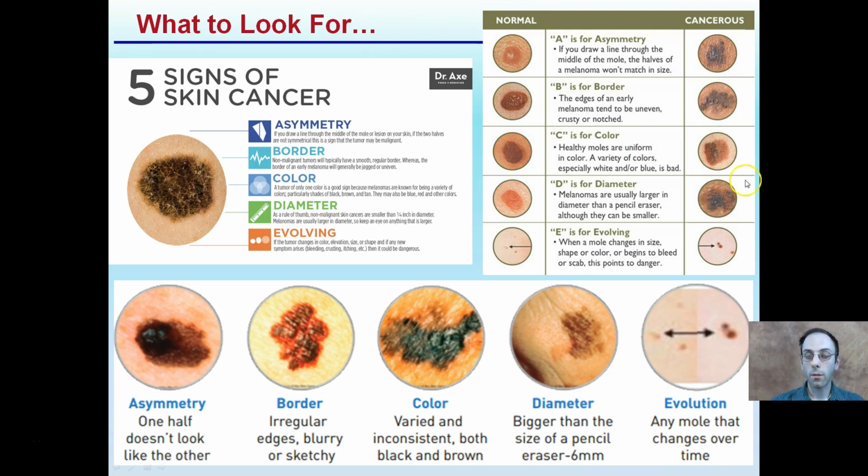So again, it's important to have that comparison, but you can see even from these images the high degree of variability. So when in doubt, make an appointment with a doctor or dermatologist and get it checked out so that you can determine whether you're in that normal category or if you should be concerned if you're in that cancerous category.